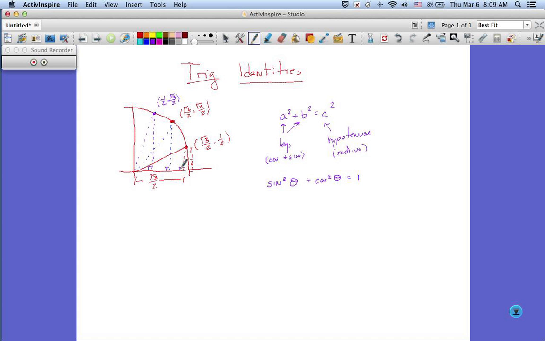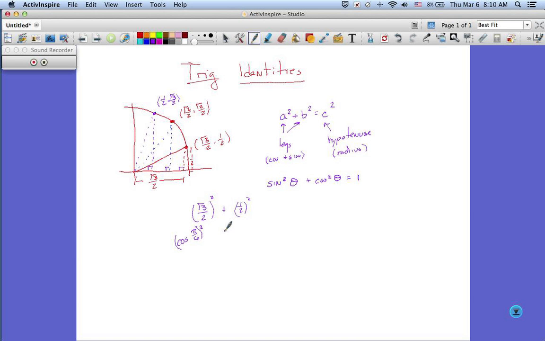So root 3 over 2 squared. Let's see if that holds true. Keep in mind, root 3 over 2 is nothing more than the cosine of pi over 6, squared, plus 1/2 squared.